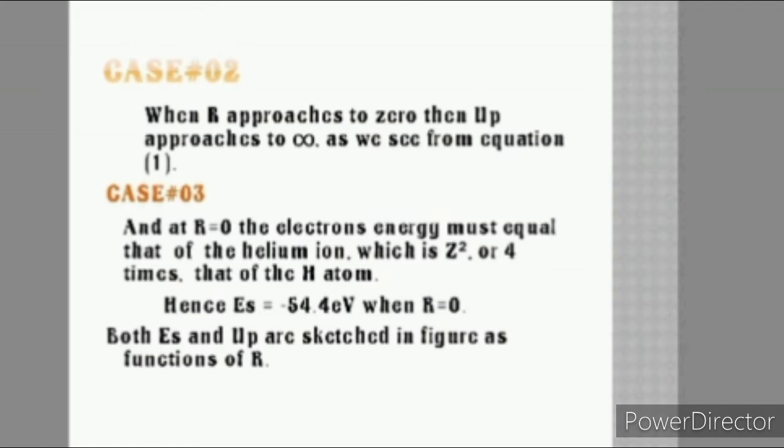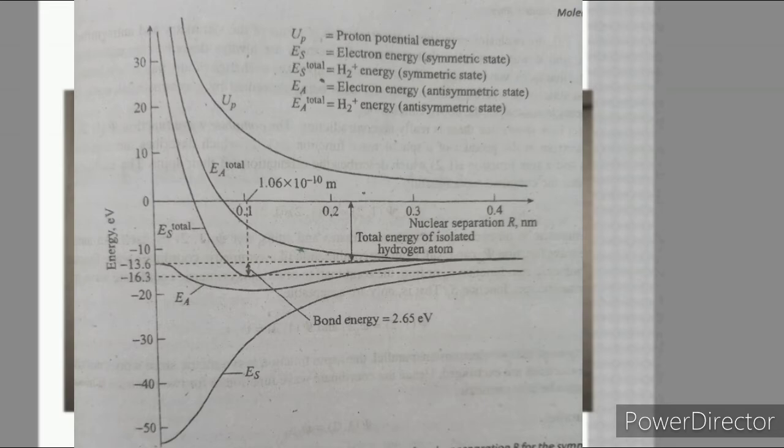Now here the electron's energy and the potential energy of the protons are sketched in the figure as shown. So let's see this figure. In this figure, the curves for E_s and U_p are shown.